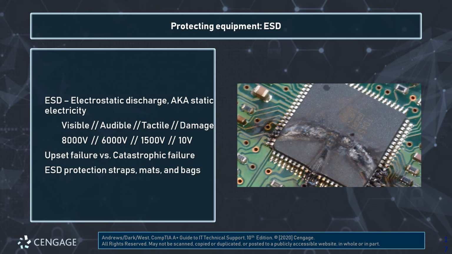Tactile discharge, where we can actually feel it, like that little zap that hurt, is 1,500 volts, 1.5 kilovolts. And this is the kicker: damage to an integrated circuit, like this chip, obviously not quite as visible as this, is only 10 volts. So there's a 150-fold difference between when we would notice and when the computer component would notice.